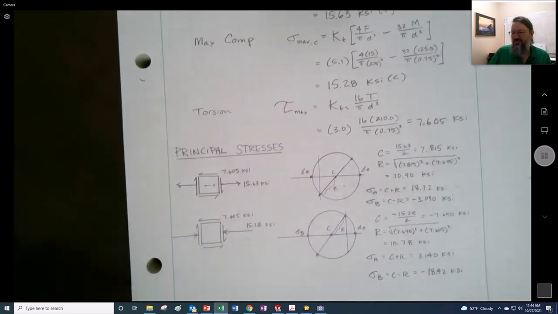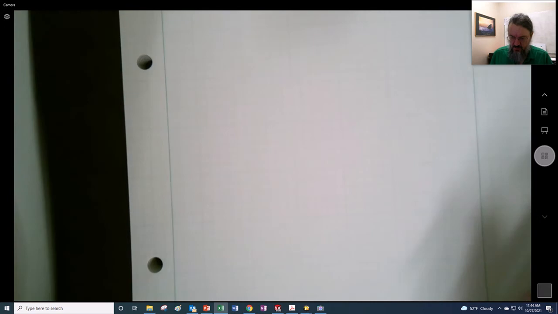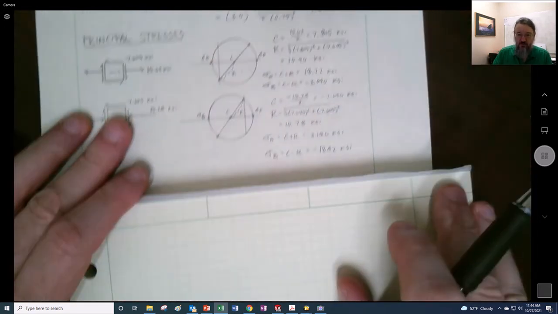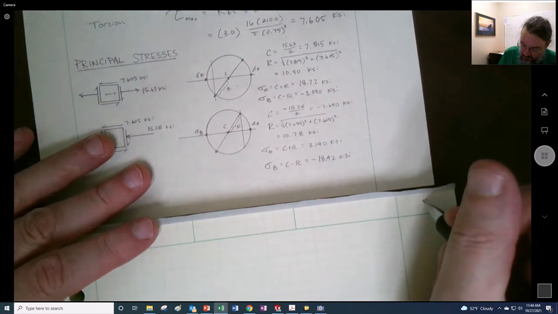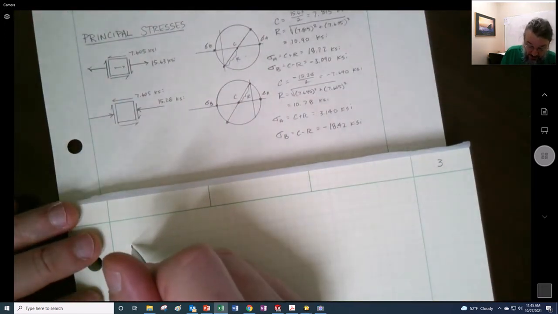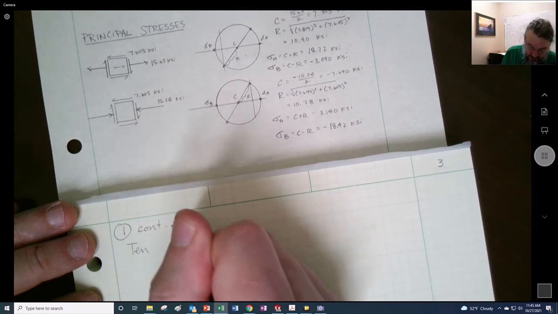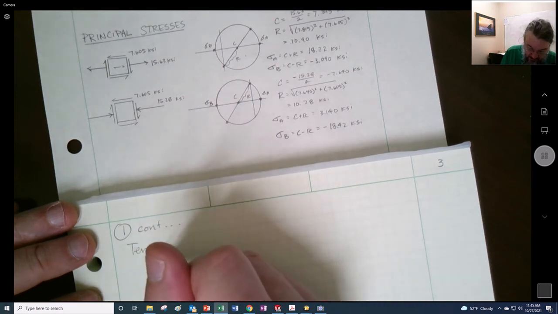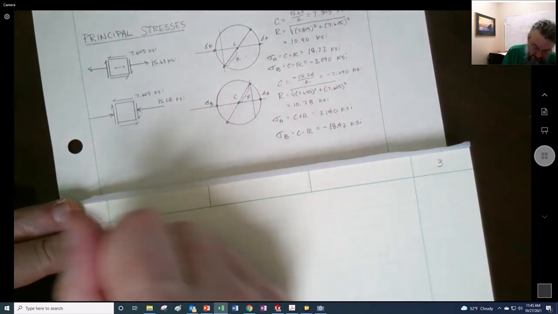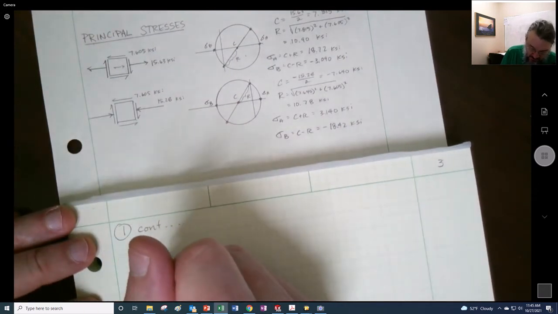But I could have somehow gotten creative and made them significantly different. And might as well finish up on a fresh sheet of paper here. We're only looking for brittle Coulomb-Mohr, right? I didn't ask you for modified Mohr. So for the compression side and tension side, this is one continued, max tension.